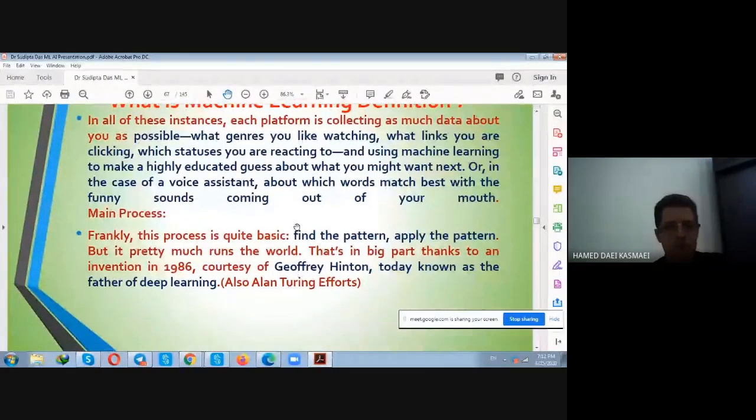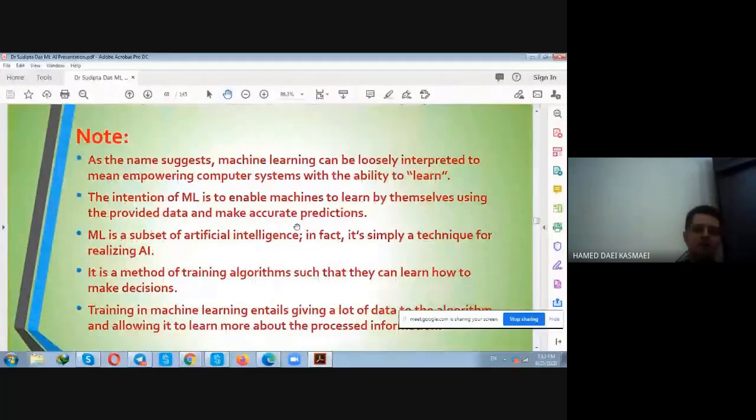Okay, note, as the name suggests, machine learning can be loosely interpreted to mean powering computer systems with the ability to learn. The invention of ML, machine learning, is to enable machines to learn by themselves using the provided data and make accurate predictions. Okay? ML is a subset of artificial intelligence, or AI.